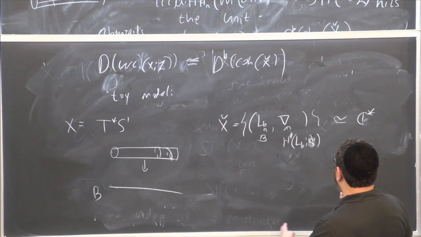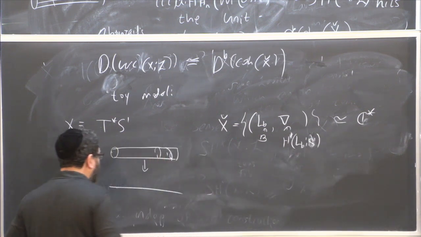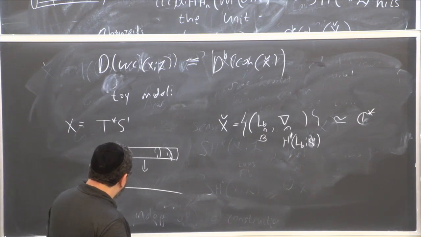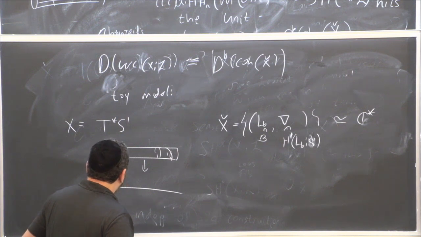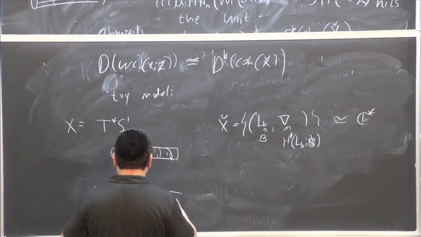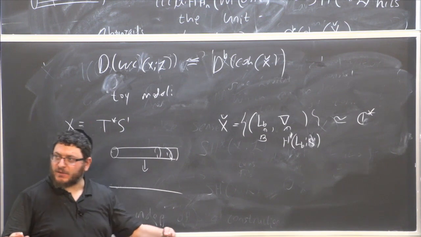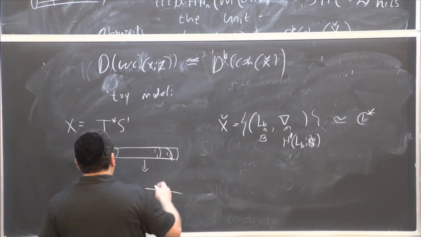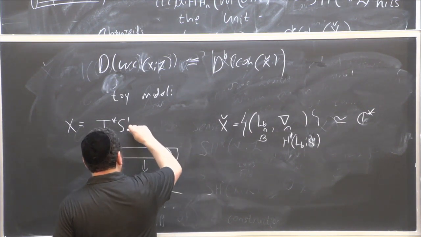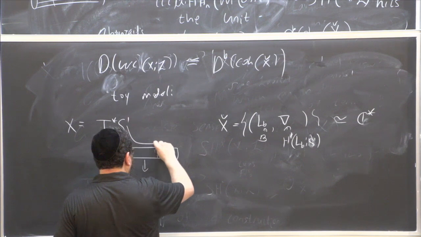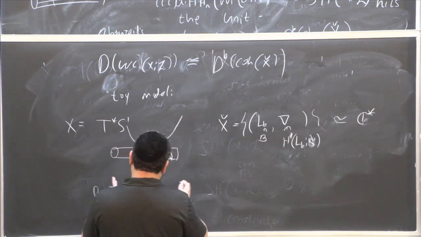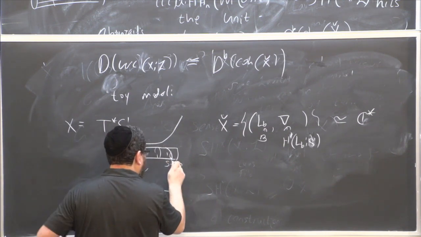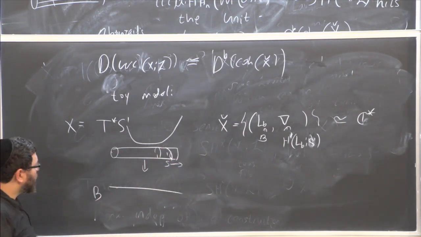Now, how do we describe the wrapped Fukaya category? The first object in the wrapped Fukaya category is symplectic homology. If I want to talk just about zero symplectic homology, I take a Hamiltonian which is convex and depends convexly on this coordinate S, which goes in this direction.